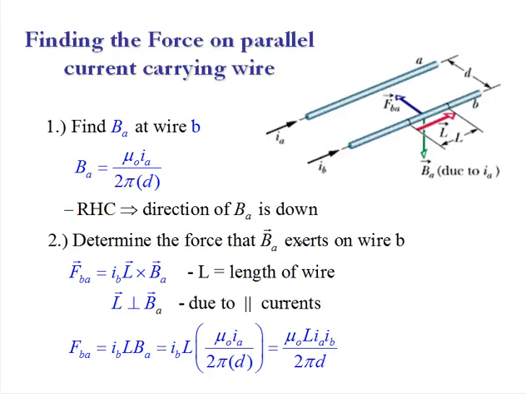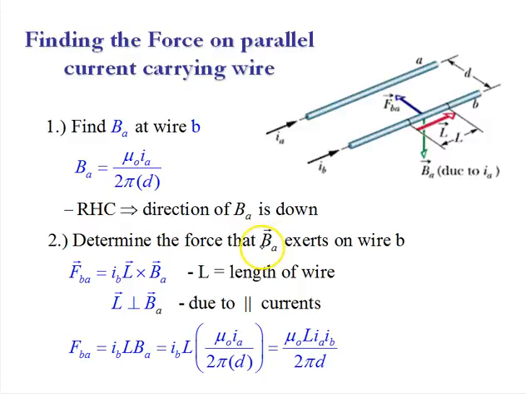So if we want to find the force, our procedure is to first find the magnetic field produced by current A at wire B. We have our magnitude of magnetic field, mu naught IA over 2 pi, where that distance r is D. We do our right-hand curl and find that that direction is downward.